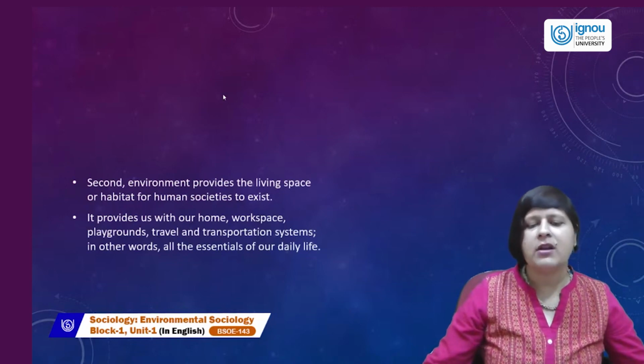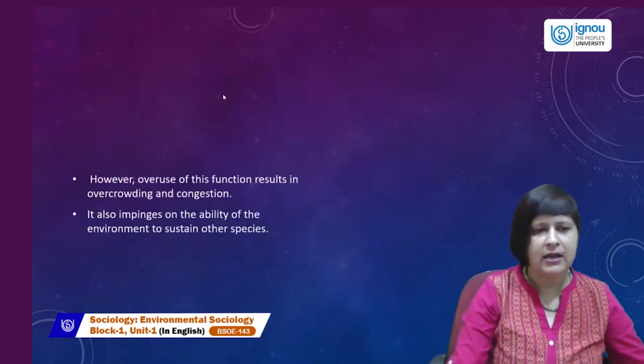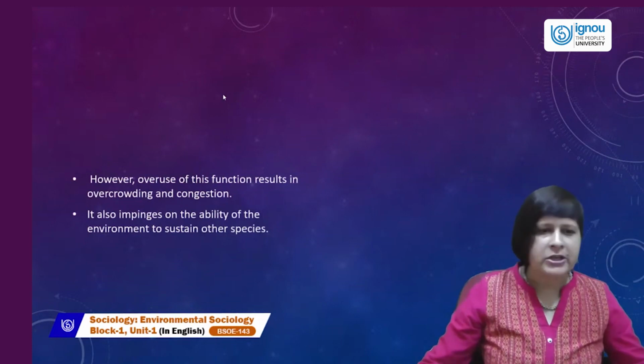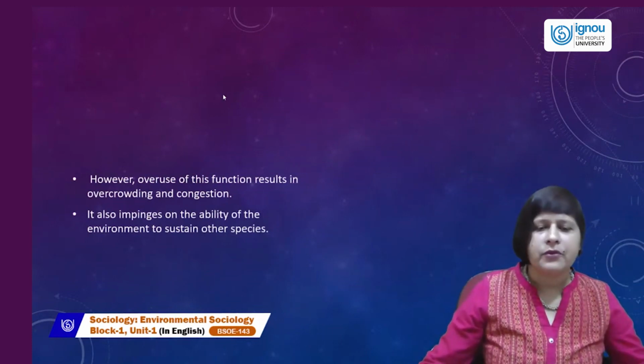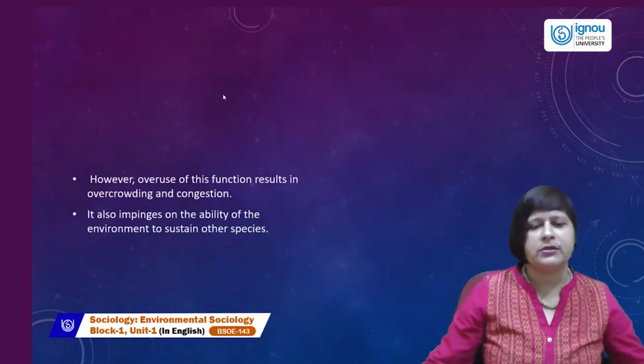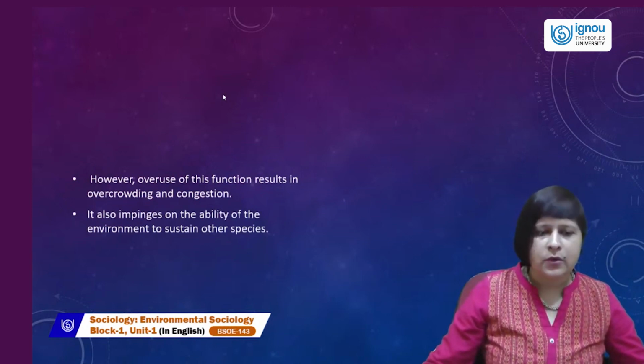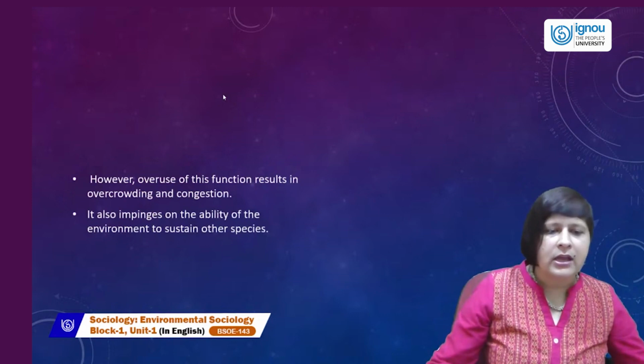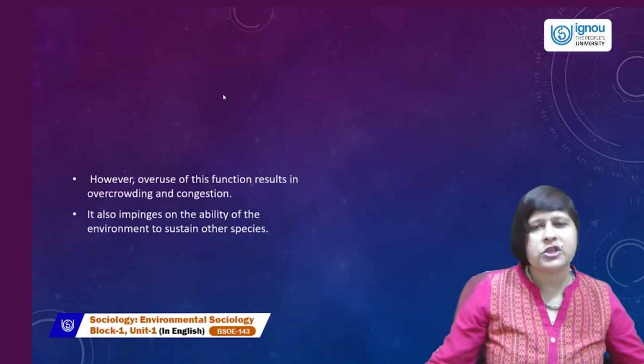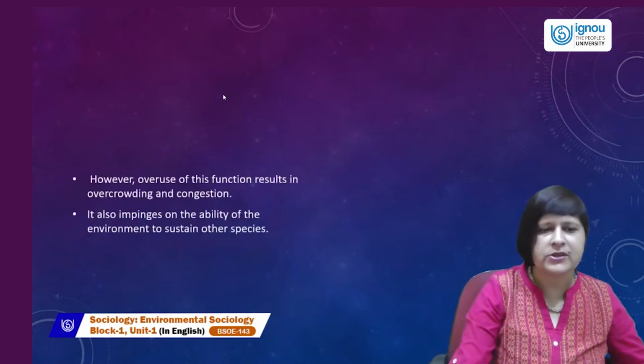In other words, all essentials of our daily life. But the overuse of this function results in overcrowding and congestion. It also impinges on the ability of the environment to sustain other species, right?